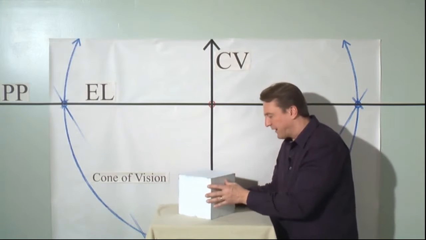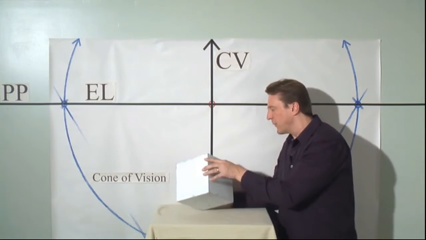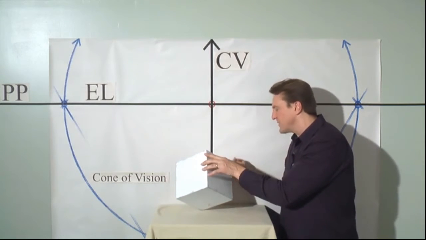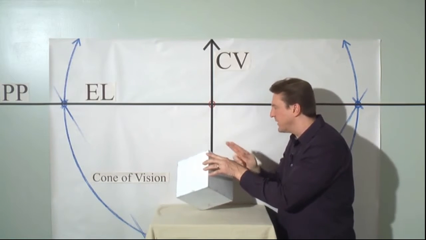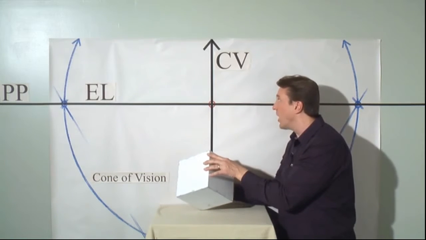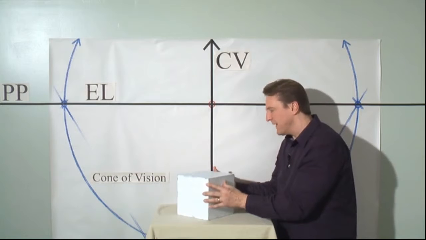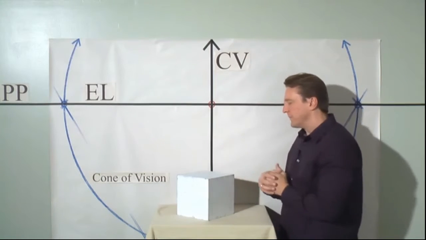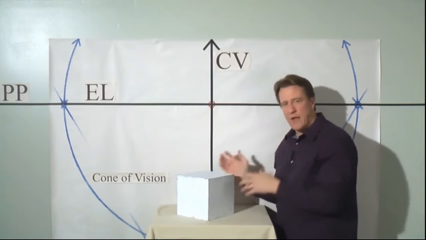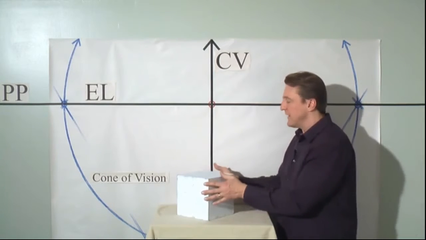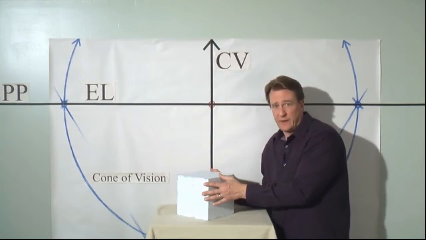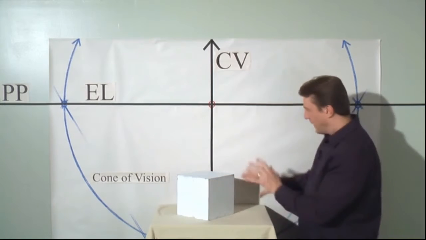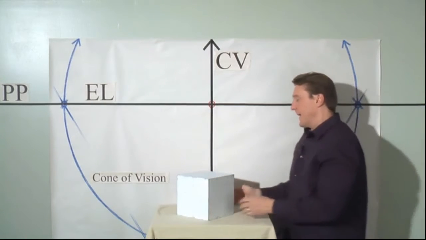If I tip it back, same thing. If I tip it straight back toward the picture plane, these verticals still tip and converge to a point up there on the center of vision. Again, so that would be bird's eye and worm's eye 3-point with a simple cube. We're not changing our angle of view, we're just changing the cube, so it's at a different angle of view to us, but we're staying the same with this whole basic setup here.